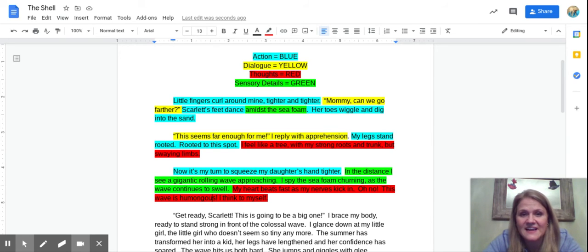So by doing this exercise with your writing piece, you're really helping your story come to life, because suddenly the actions are what your reader is going to be seeing when they read your story. The dialogue is what they're hearing, and the thoughts as well are what they're hearing. And the sensory details, again, are what your reader is seeing as they make that mental movie of your story.